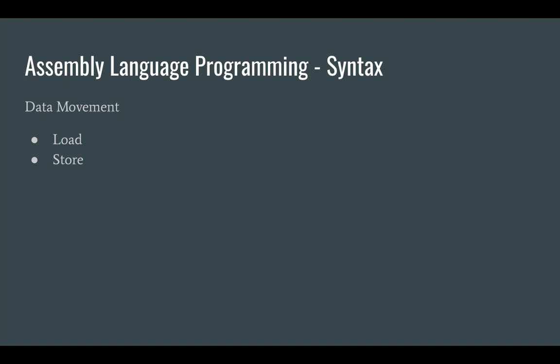And then storage instructions, which is storing from registers into memory locations. Now, there are a few different subcategories, depending on the addressing mode that's being used for each of these loading and store instructions. And I will look a little bit closer at addressing modes a little bit later on.